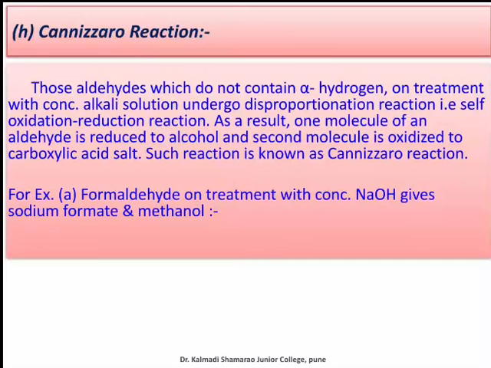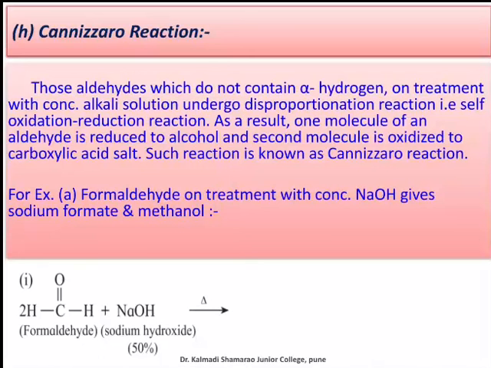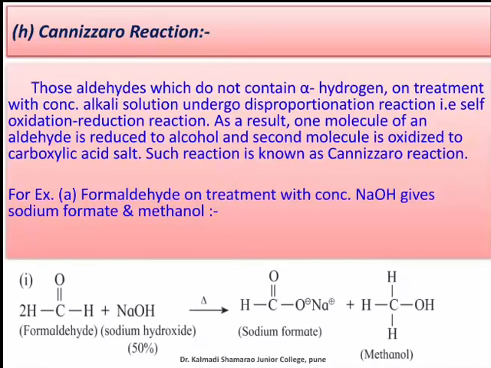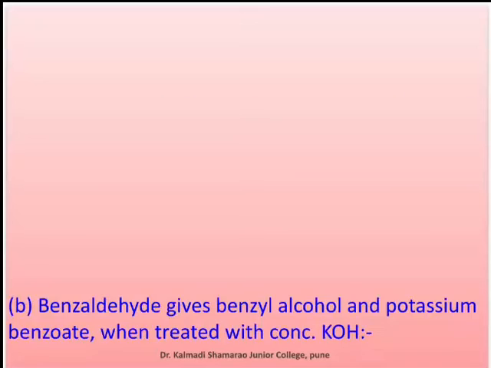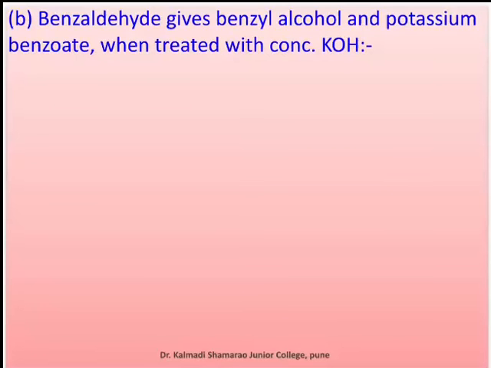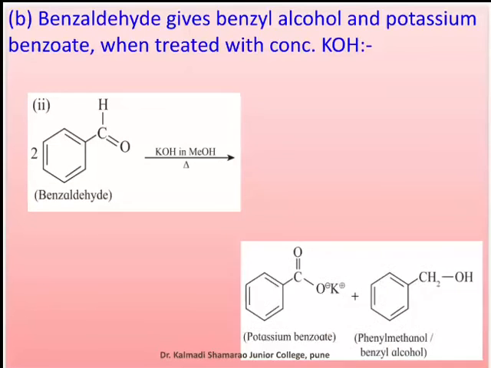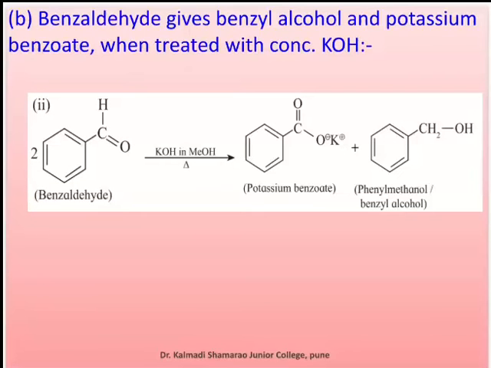For example, formaldehyde on treatment with concentrated NaOH gives sodium formate plus methanol. In the same way, 2 molecules of benzaldehyde give benzyl alcohol and potassium benzoate when treated with concentrated KOH in methanol.